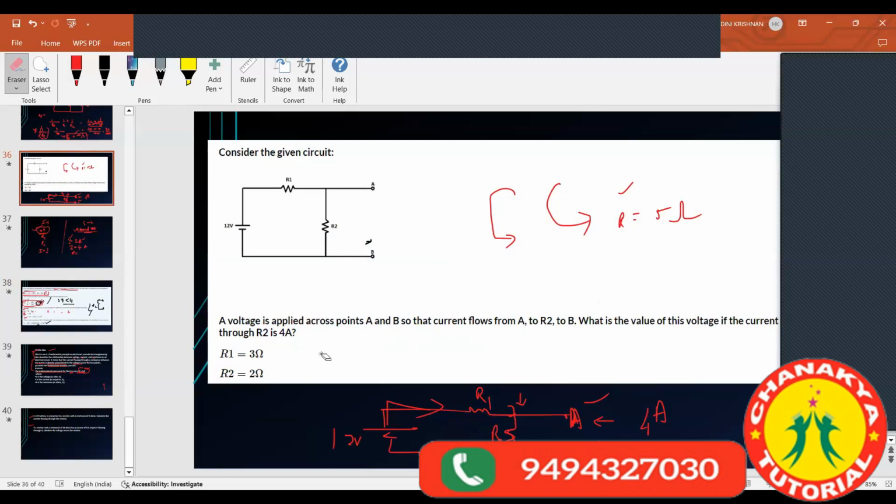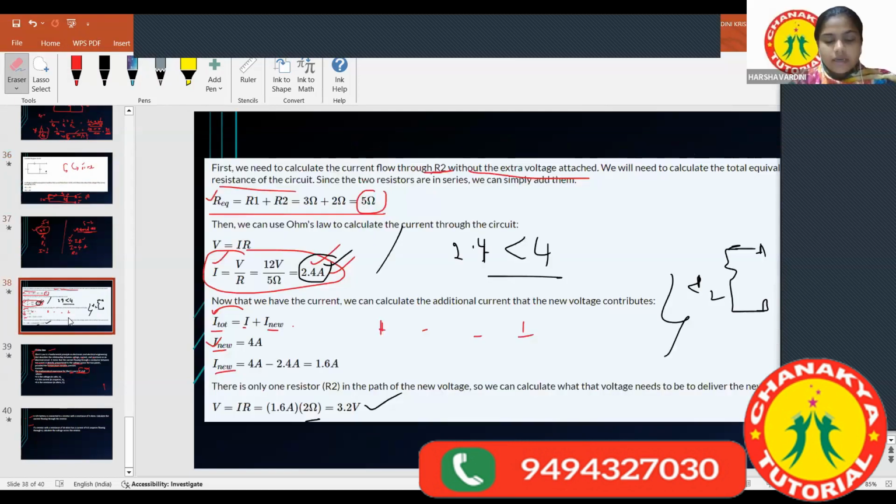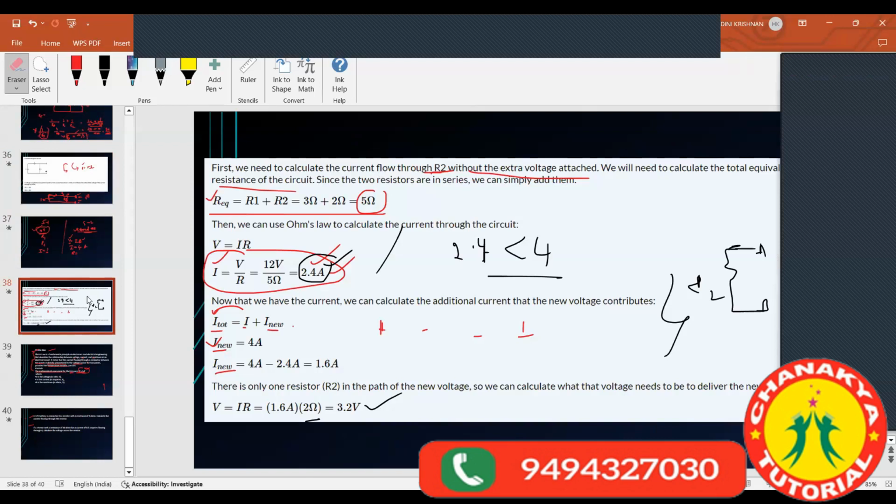And ma'am, can you go to the next slide, the solving? Here we did R1 plus R2 equals 5 ohms. When we again use the formula V equals IR, we get 2.4 amps. So 2.4 amps is lesser than 4 amps. So we can understand that there are some more amps in the other part of the circuit, where we apply the voltage.